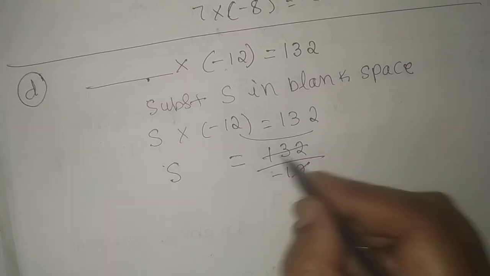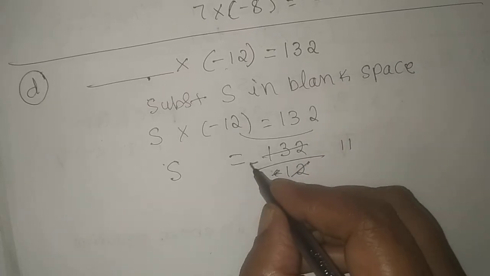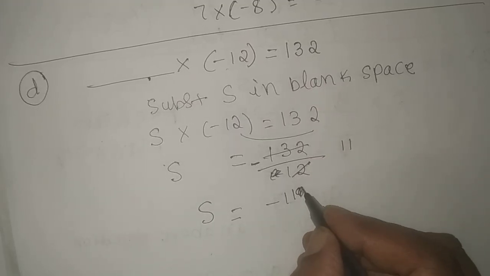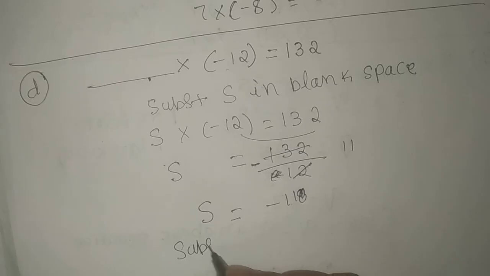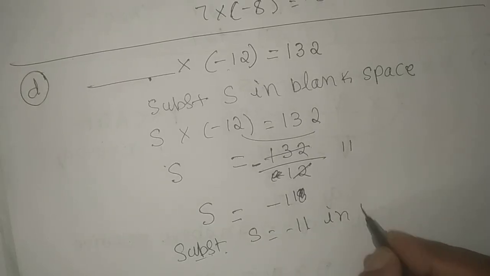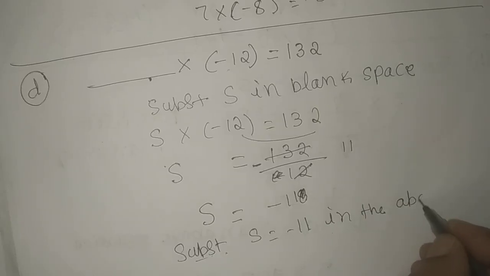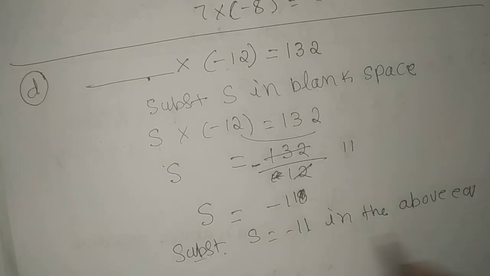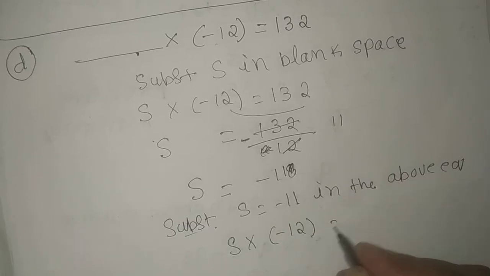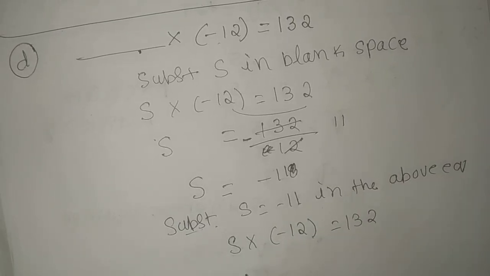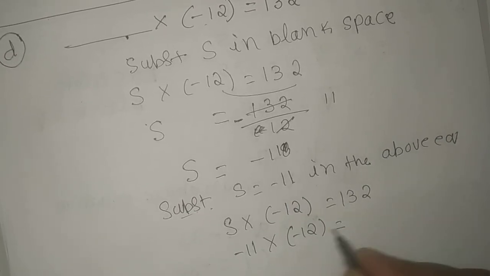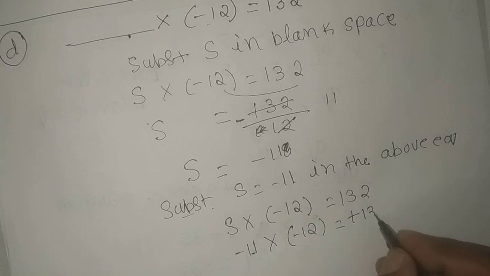Then 12 ones are 12, 12 elevens are 132. This minus here you write. Therefore S is equal to minus 11. Substitute S is equal to minus 11 in the above equation. S into minus 12 is equal to 132, minus 11 into minus 12 is equal to, minus into minus is plus 132.